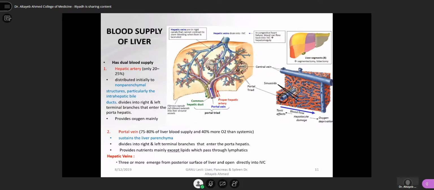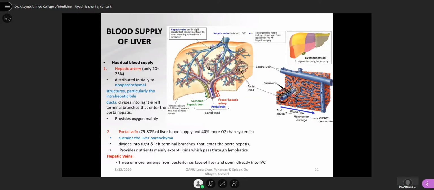They branch to give different segments, and from there, as you can see, we have the veins which are drained to the hepatic vein.